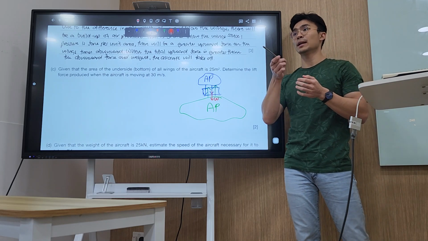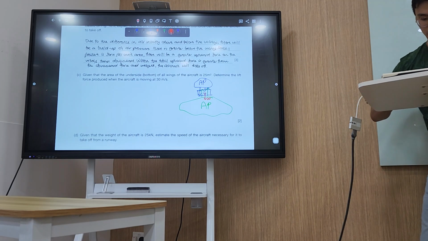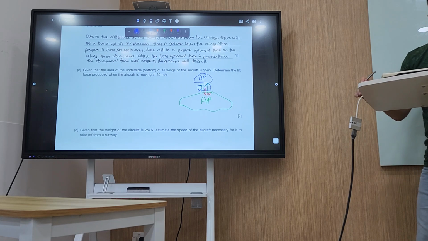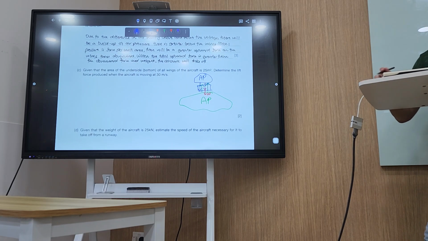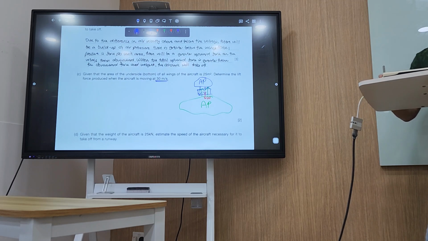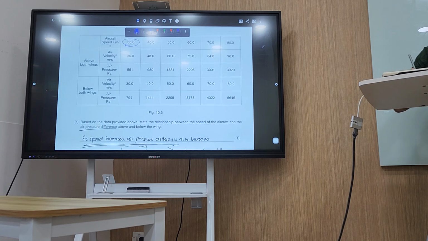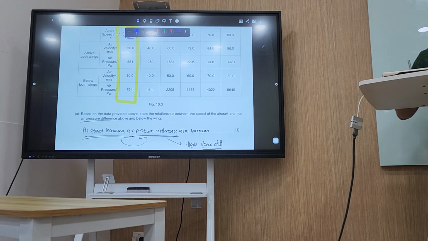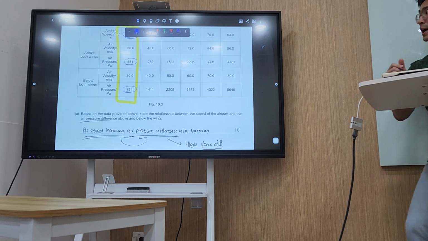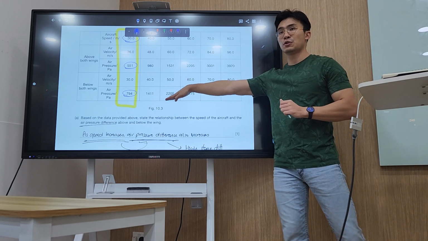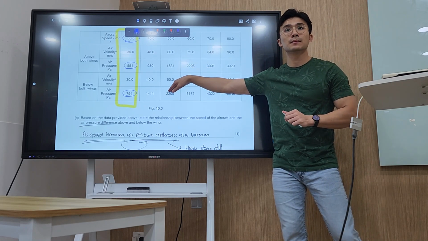Okay, good. Alright, so given that the area of the underside of the wings is 25 meters squared, determine the lift force produced when the aircraft is moving at 30 meters per second. Let's take a look. 30 meters per second. Focus on this part. Your air pressure below is 794, above is 551. I'm not interested in their individual air pressures. What am I interested in?